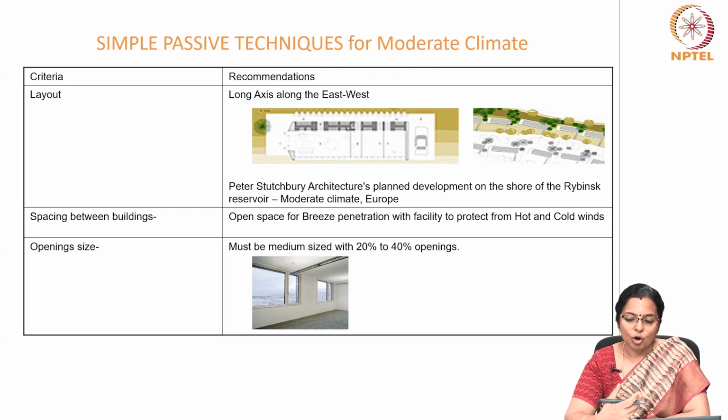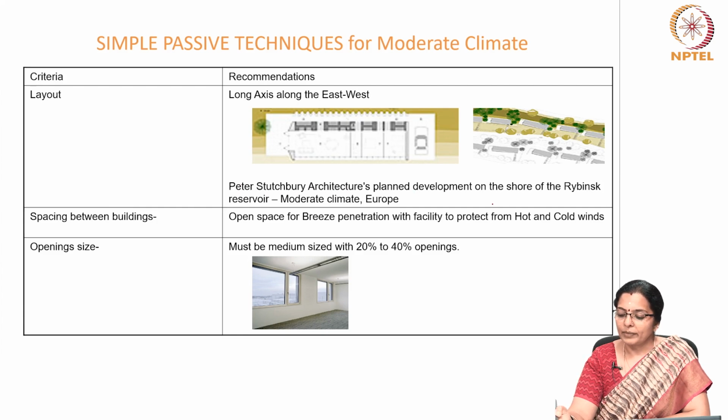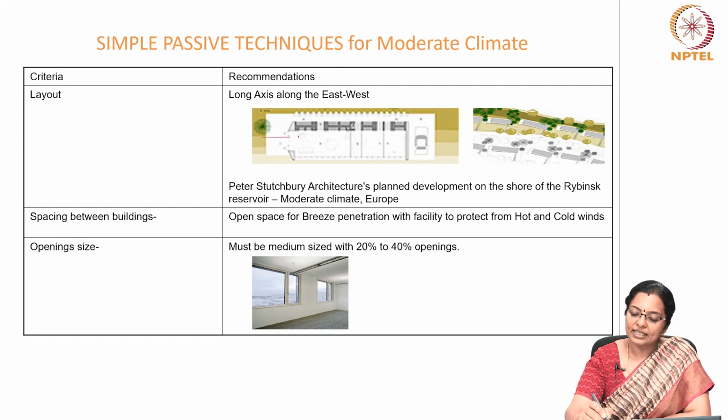So, in moderate climate, long axis should be along east and west. Here, Peter Stutchbury architects planned a development on the shore of Rebinsk Reservoir for a moderate climate in Europe, and you can see clearly how the long axis is along the east and west direction.